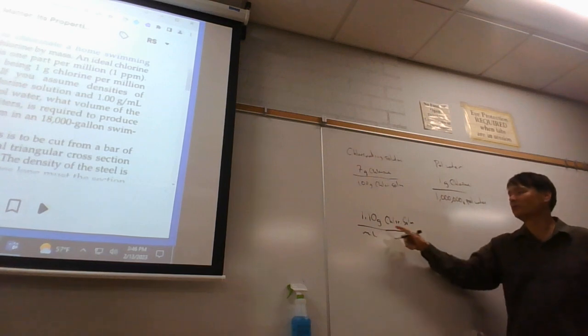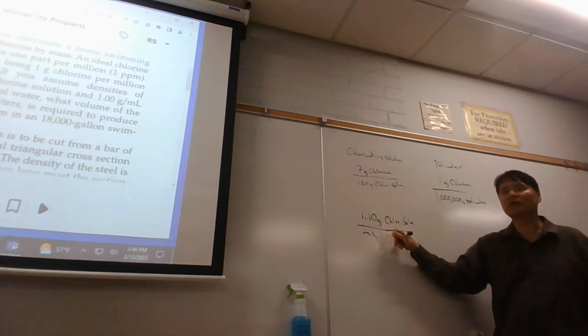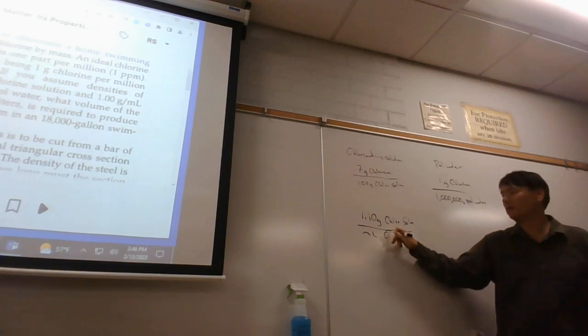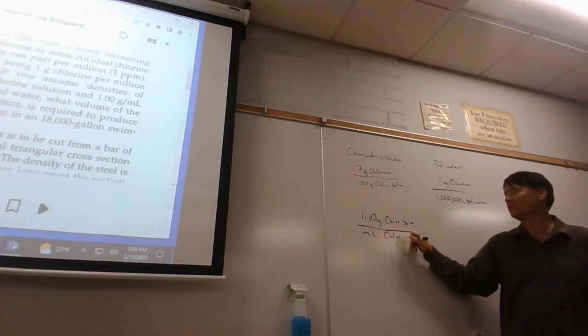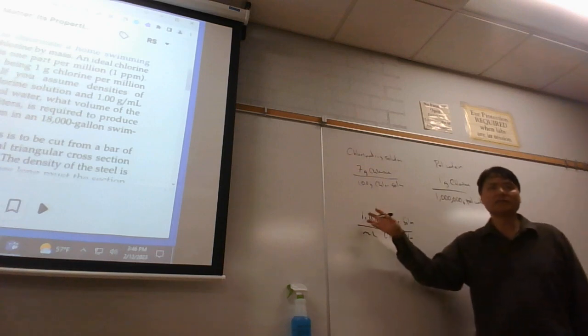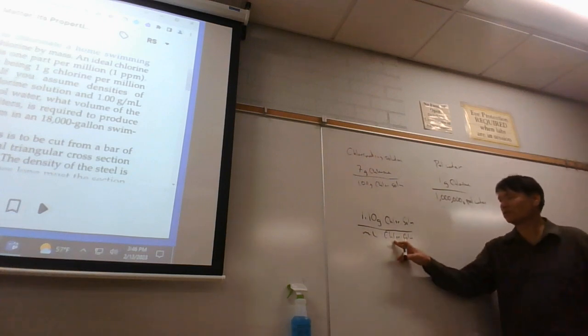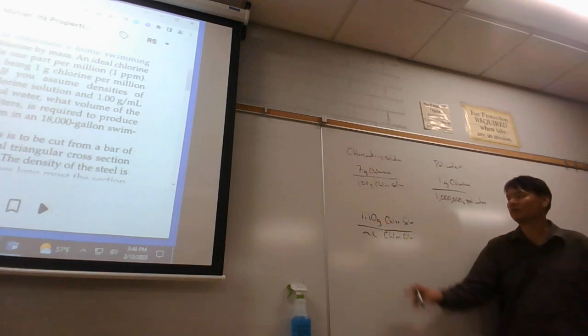So 1.10 grams of chlorinating solution per milliliter of what? Not pool water. It's going to be milliliters of chlorinating solution. And so this is the density. It's like the density of gold. The density of gold is about 20 grams per milliliter of gold, so 20 grams of gold per milliliter of gold. Well, the density of the chlorinating solution is going to be 1.10 grams for every milliliter of chlorinating solution.